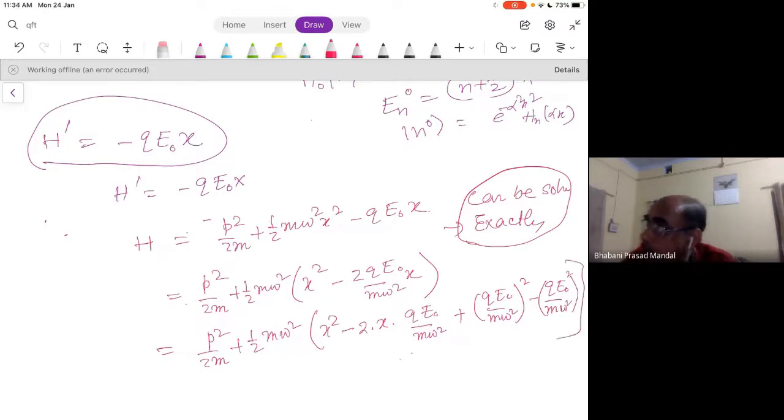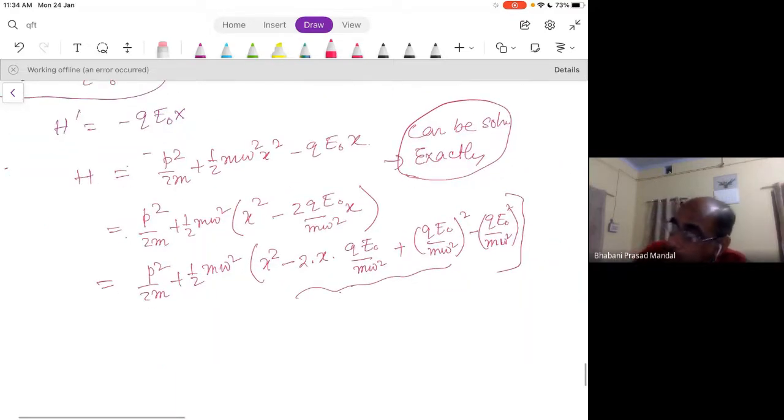I can do that. This term will cancel with this term, and this is the same term. But these three terms are a square minus 2ab plus b square, right? So I can make a perfect square.